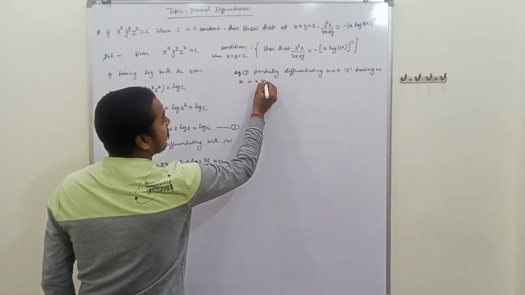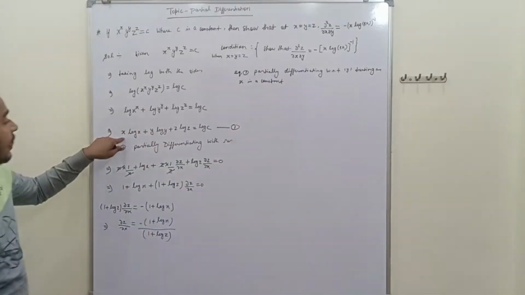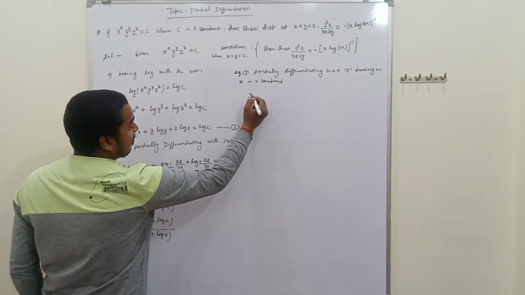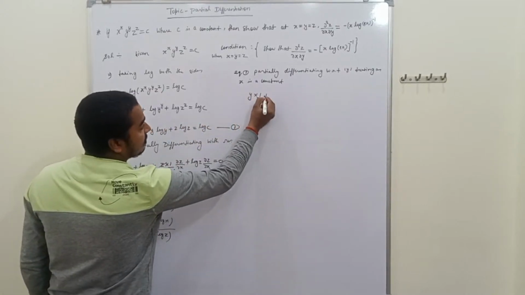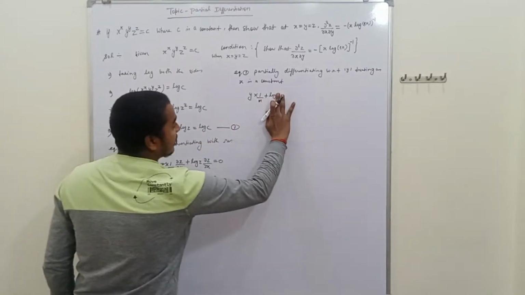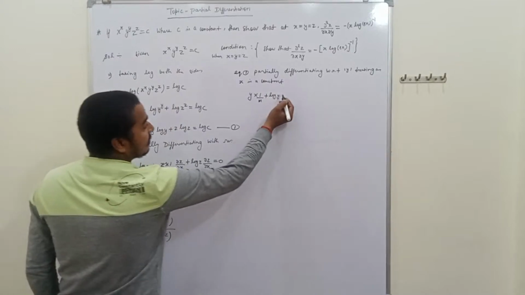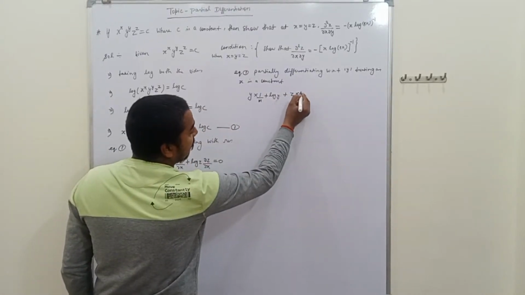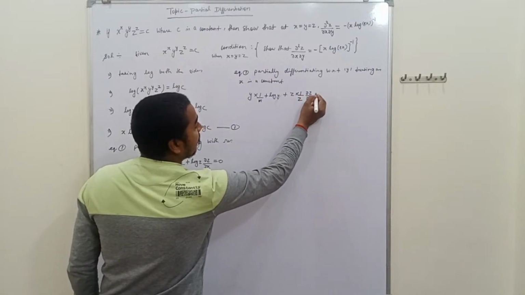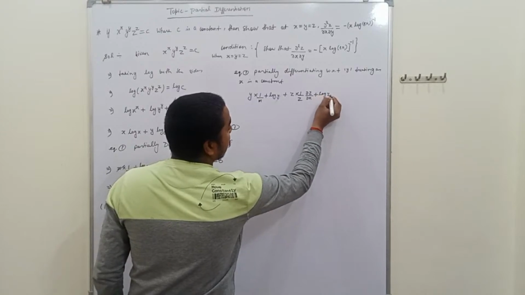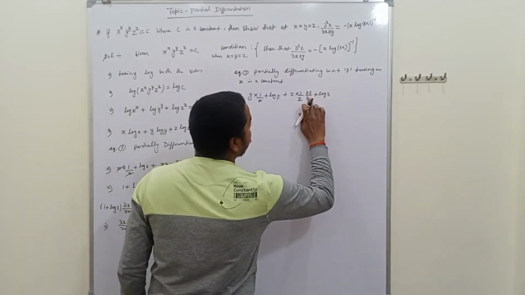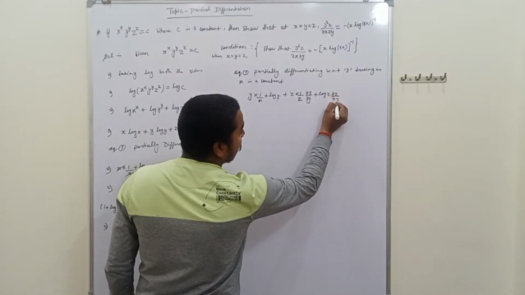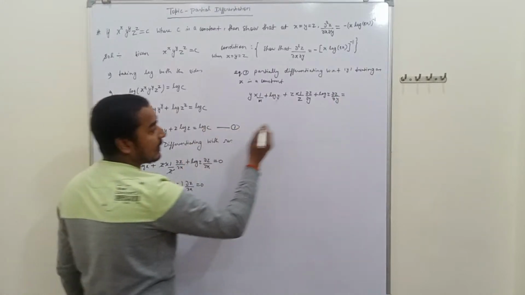Then x log x is 0, and taking y log y, differentiating using y as the first function, differentiation of the second function log y is 1 upon y, plus log y times differentiation of the first function y, that is 1, plus taking z as the first function, differentiation of log z is 1 upon z and del z upon del y, plus log z times differentiation of z with respect to y, that is del z upon del y, and log c differentiates to 0 since it is constant.